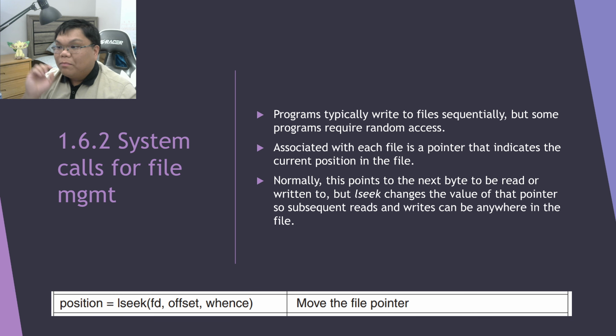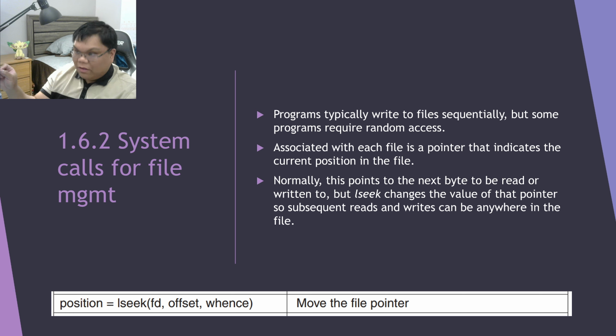Here's another thing. Typically programs read and write files sequentially, but some files require random access. So we might want to read or write starting at the end of the file, or we might want to go to some arbitrary location in the file. That's called random access. So we need to change the position.